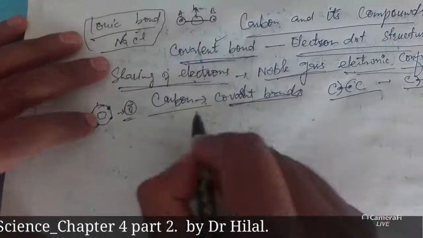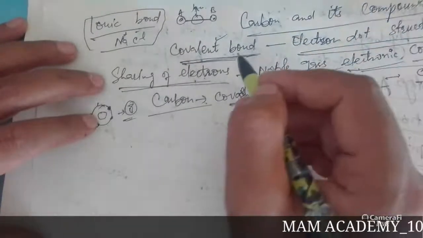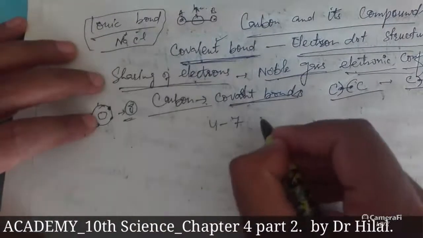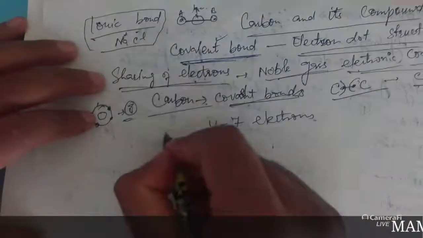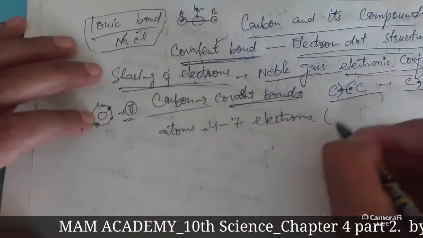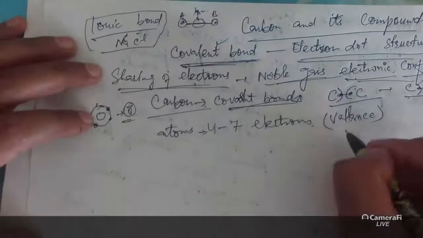Then there are some conditions for the covalent bond. Covalent bond formation takes place when atoms have 4 to 7 valence electrons in their outermost shell.